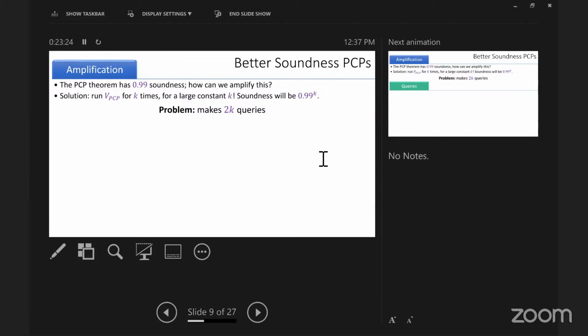I'm not going to have time to explain why, but at least as far as hardness of approximation is concerned, getting 2 queries is really important. If you get more than 2 queries, it's very nice, but it has much less applications. So doing this naive sequential repetition works trivially. It decreases the soundness, but it increases the number of queries. So how do we do this without increasing the number of queries?